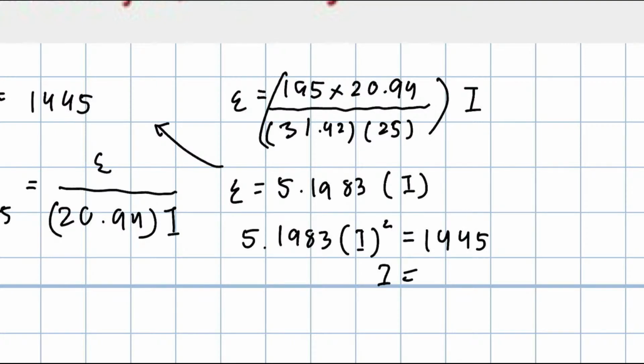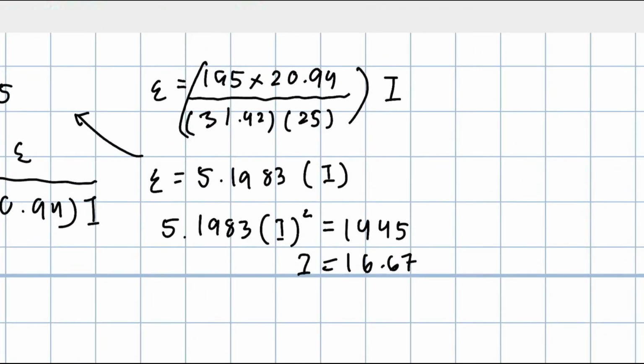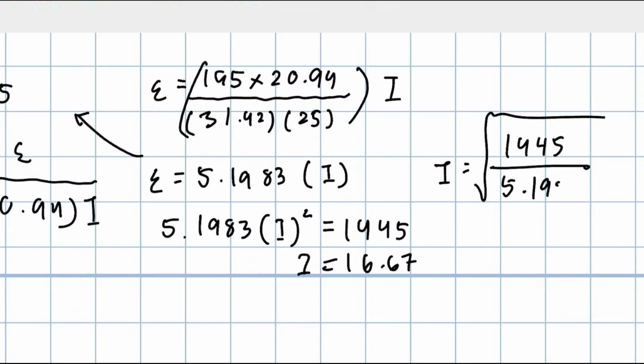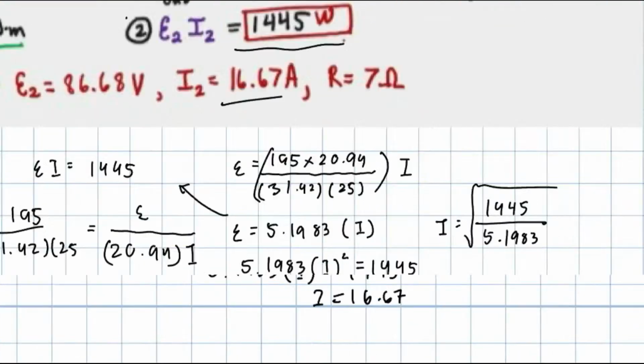I equals to, cuba cari I equals to berapa. Square root of 1445 over 5.1983. I equals to 16.67. Okay, dapat. Okay, so that is I.